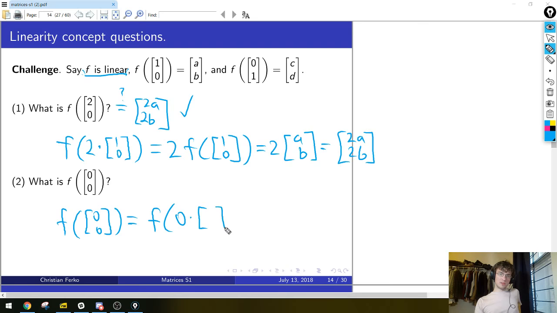Well, we want this to be f of 0 times a vector whose output we know, right? So why don't we pick a different vector? Could we do the one that we have above, (c, d)? Let's see, the output is (c, d), so you want to pick the input to be (0, 1)? Is that the suggestion? Yes.